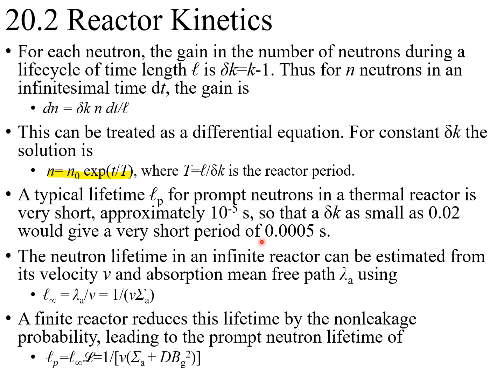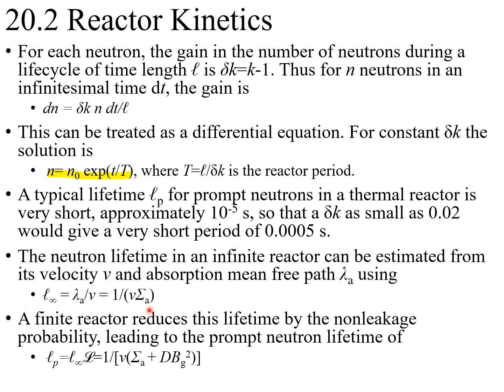The neutron lifetime in an infinite reactor, if the reactor size is very large, this neutron lifetime L infinity can be calculated from the velocity of the neutron v, and also the absorption mean free path lambda A. We convert lambda A to 1 over sigma A, so we have this formula.